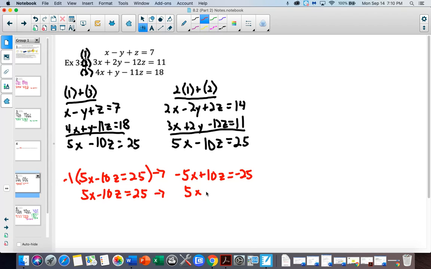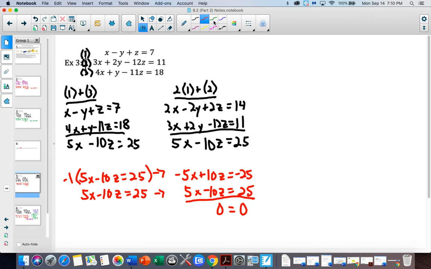So 5x minus 10z equals 25. And when I add these together, everything on the left side cancels, and everything on the right side cancels. We get 0 equals 0. We get a true statement. Whenever we get a true statement, that means there are infinite solutions.